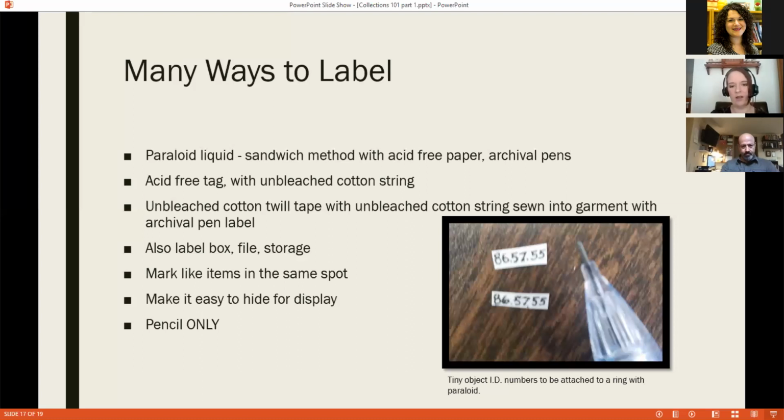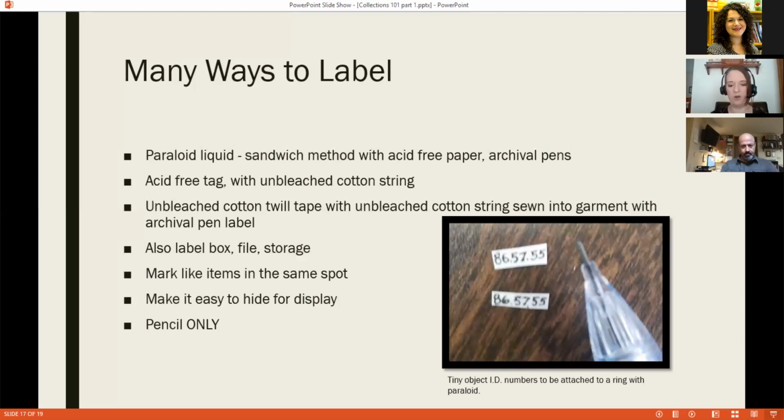And you can stick that into the liquid and put a layer of the second liquid over that. We call that the sandwich method. It's a really good way, in my opinion, to label small pieces of jewelry or metal objects, because it adheres very well to smooth things, but it doesn't always work for something like plastic, for example. But that's the only instance in which I would consider ink a good way to label things.